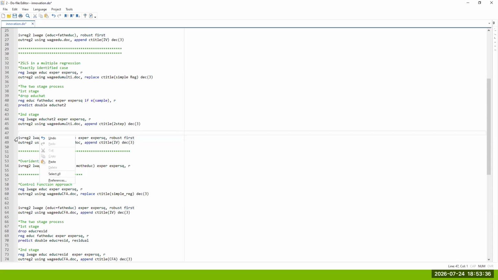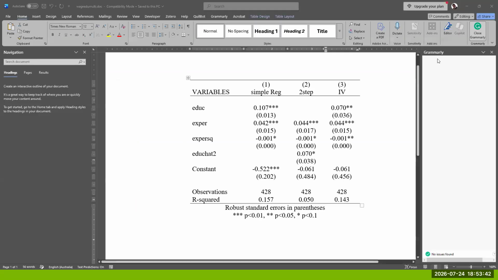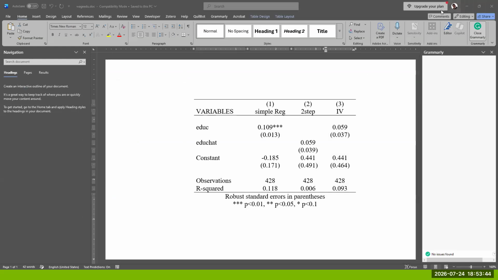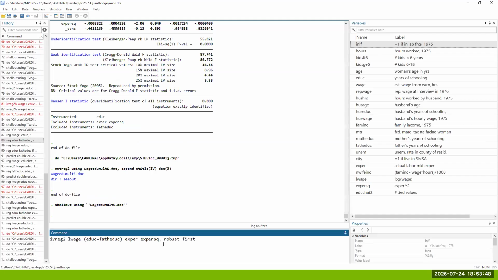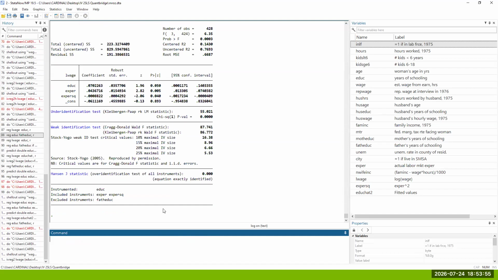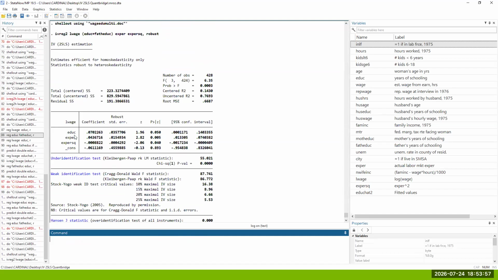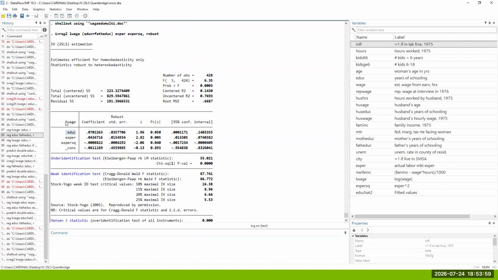Let me copy this and show you what I was talking about. If you have this code and the first is not there, all you get is this. You get to have the effect of education on wage, which has resolved the endogeneity already.